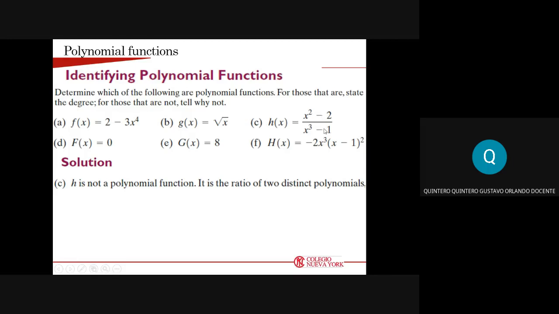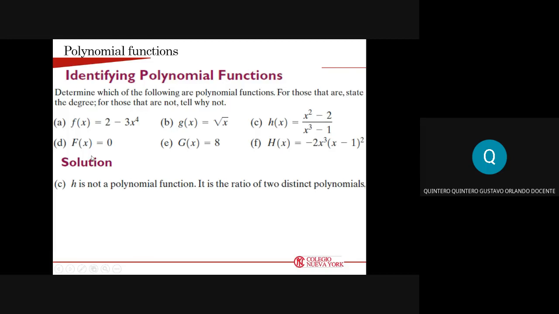This is called a rational function. Rational, why? Because this is the ratio of two functions. Since this is a ratio, we call them rational functions. So this is not a polynomial function. So now we have yes, no, no.